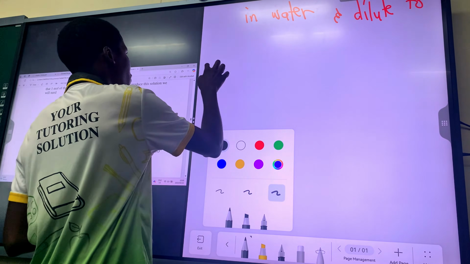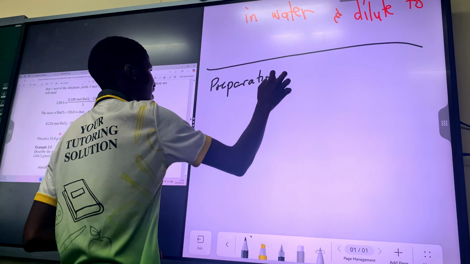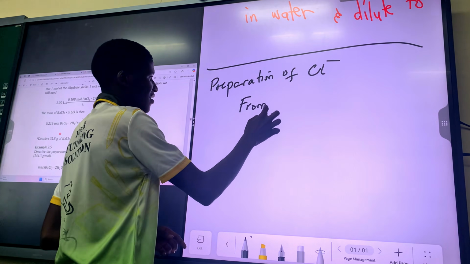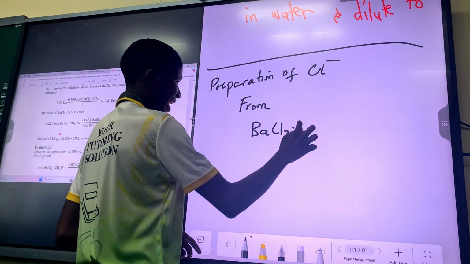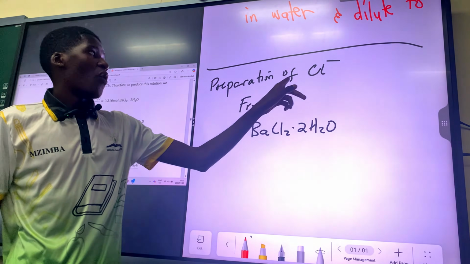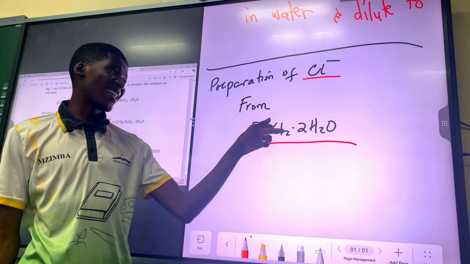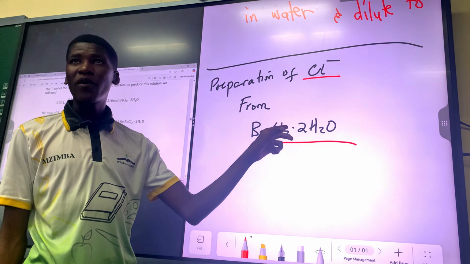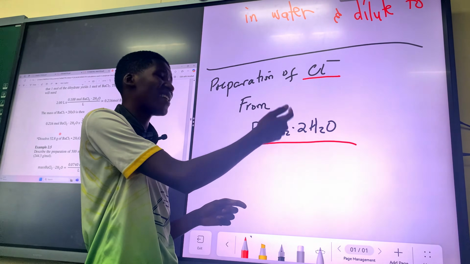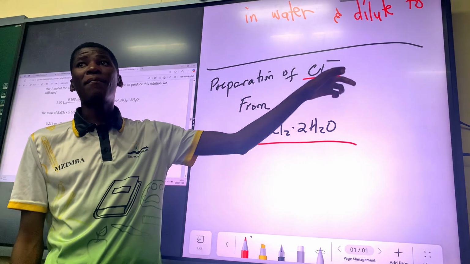Hey. Now, they want to know the preparation. We are looking for the preparation of Cl minus from barium chloride dihydrate. So here Cl minus is there in barium chloride dihydrate. I mean, there is Cl, you see that there are 2 Cl. We don't indicate the minus because the barium has a positive charge, chloride has a negative charge, so we just cancel out. But that Cl, as we see, is actually Cl minus.